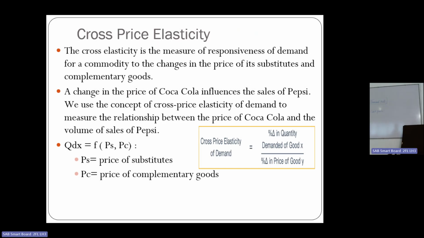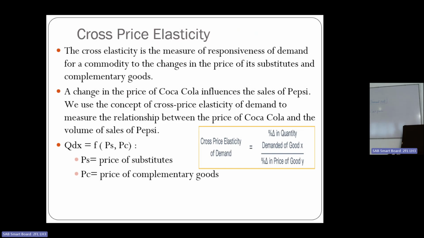Another example is when the price of a related good changes, how does it affect the demand? We can say it is the responsiveness of demand for product X to a change in the price of product Y.